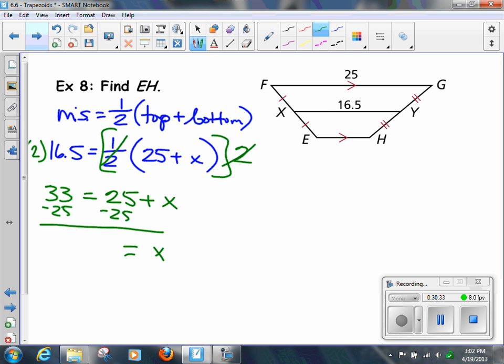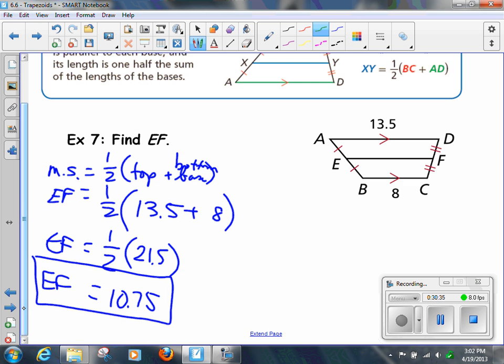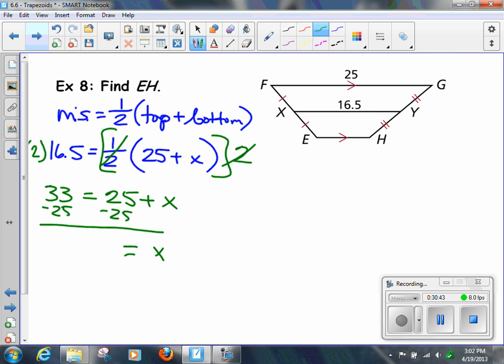Okay, look at the last problem. I had to find the mid-segment, so I took half of this sum, right? Over here, I'm given the mid-segment, so I'm going to multiply it by 2, 33. I'm going to subtract 25 from it. Mathematically, that's what I do. And my base is 8. And go back and check it.